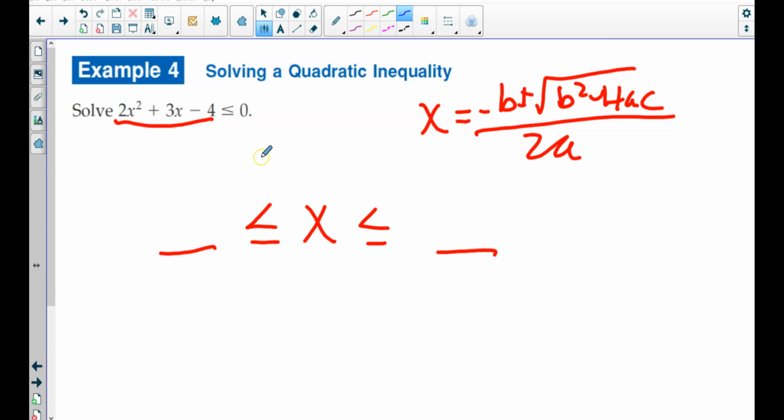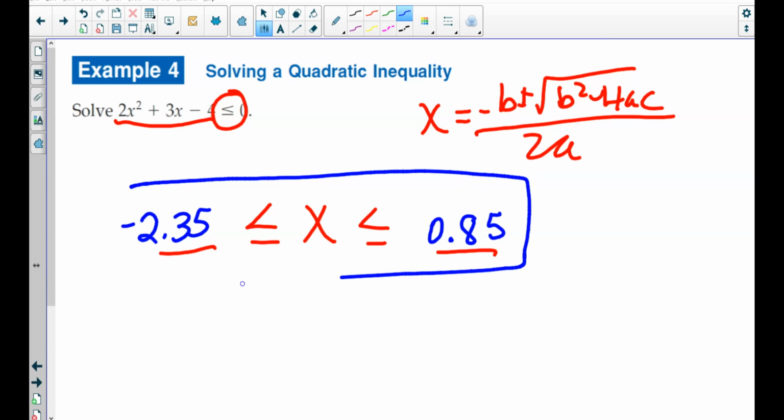And notice I have the or equal to because that includes the points. If you look back at the graph, the points where it crosses the x-axis were negative 2.35 and 0.85. I hope that's correct, but I'm pretty close. So that's the solution to that inequality by using the graphing calculator.